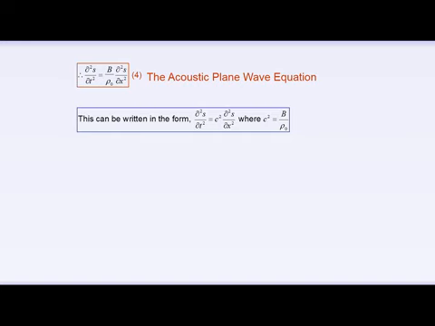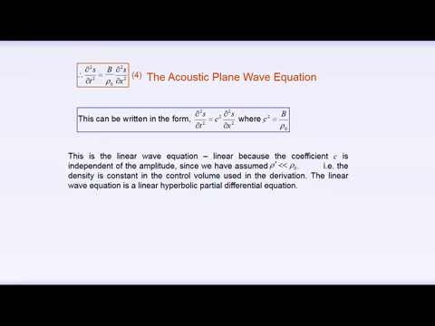It can also be written in this form here, where we lump B and rho naught into a constant we'll call c squared, where c squared is equal to B over rho naught. And you may see where this is heading. We're eventually going to get to this c being the speed of sound, so that this is the speed of sound squared. But we'll get to that in a moment.